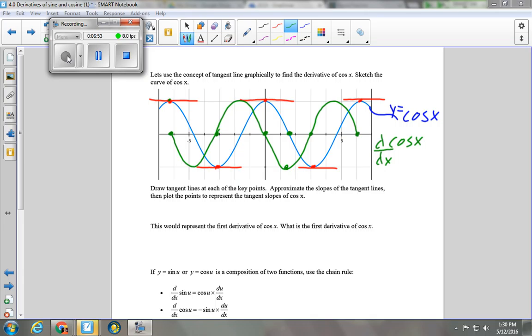It's actually -1 down there, and again here, when cos is 0, it's -1. So the derivative of cos x, d/dx of cos x, is actually equal to negative sine x.